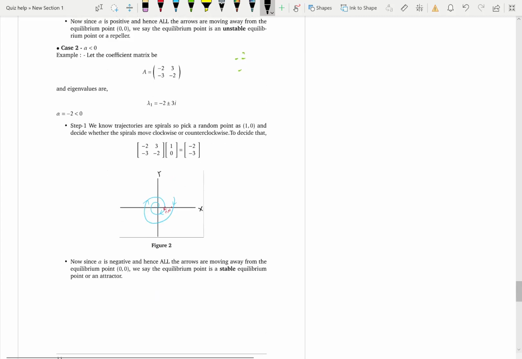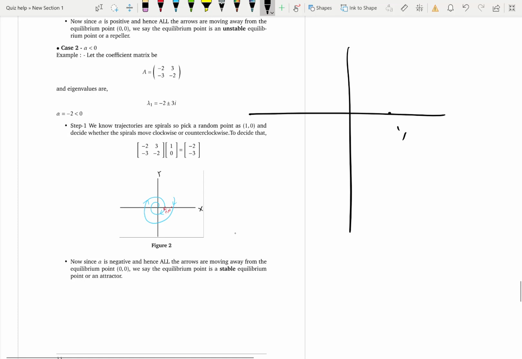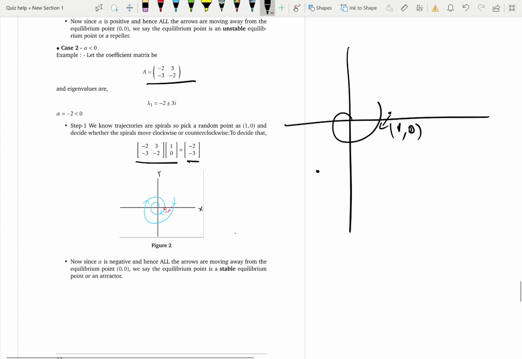Now when alpha is negative, again you know it's spirals. So you pick a point like 1 0, and you know arrows are moving towards 0 0. When you multiply A by 1 0, you get negative 2 negative 3. That means negative 2 negative 3 is like here. So from this point you're moving this side. So the spiral is this side and it's moving clockwise, but at the same time it should approach.